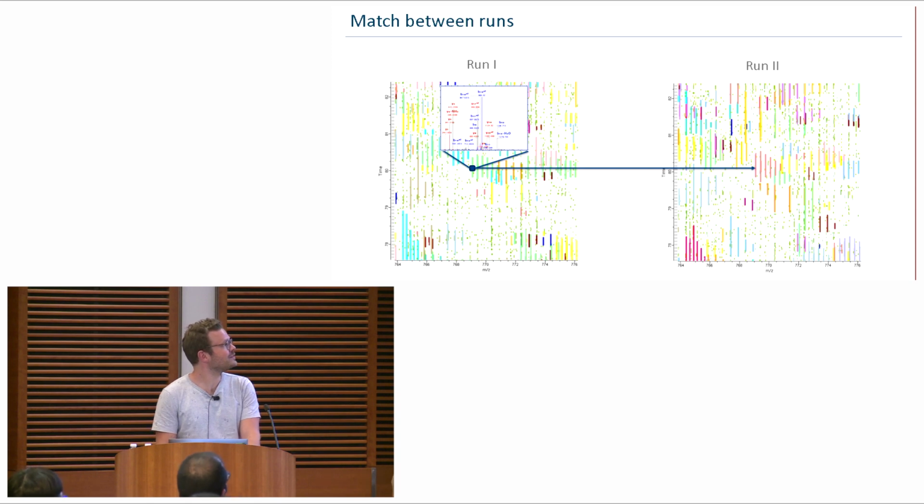And this method is actually quite helpful because first it was a disadvantage that we have sequencing which is not completely the same, right? But now we just use all of them and match between the runs, and then you can boost the possible matching by a factor of 2 or so.